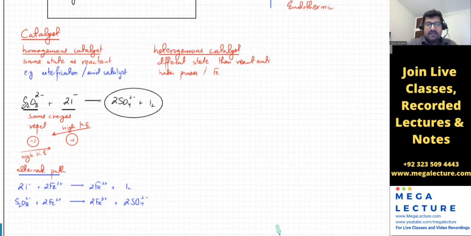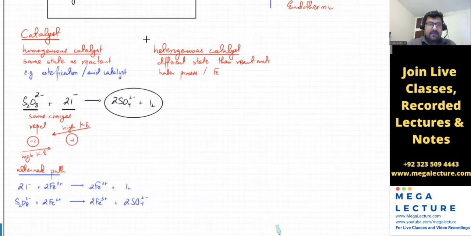For example, we had this reaction where both ions were negatively charged, so they repelled each other, which made the reaction very difficult. So an alternate path is created. You add a catalyst, and that catalyst creates an alternate path. You get the same exact products in that path as well.